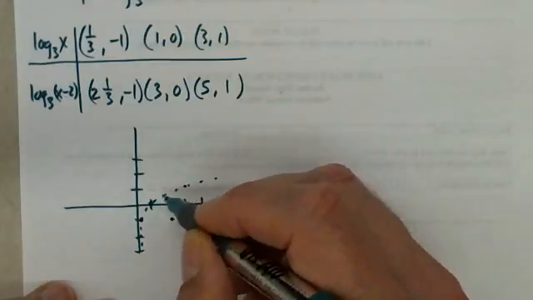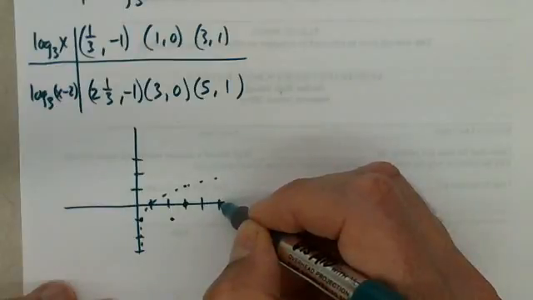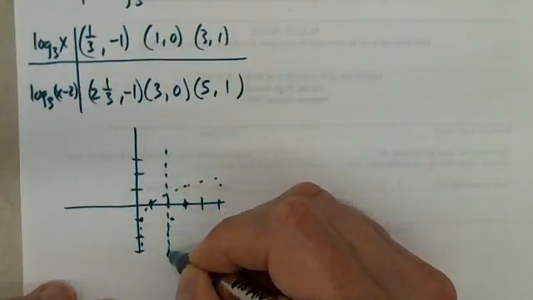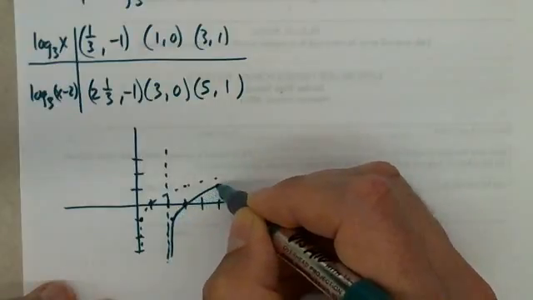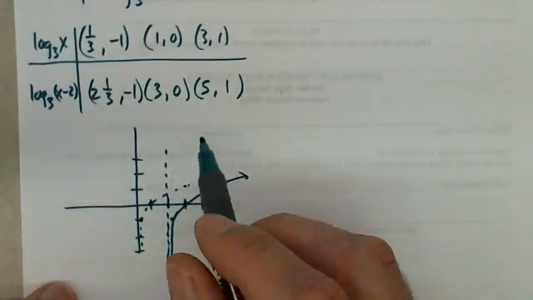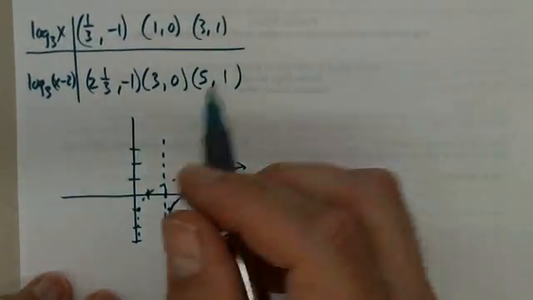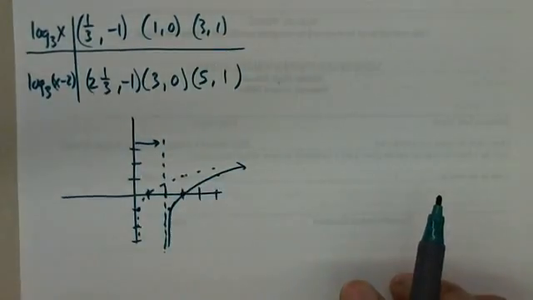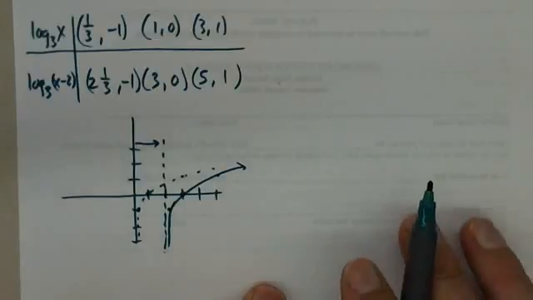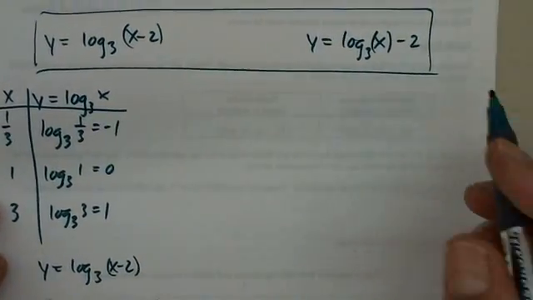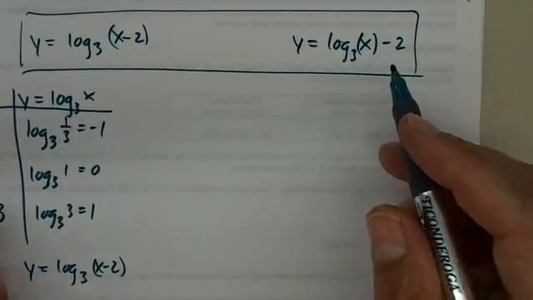And then we'll go to 5, 1, 2, 3, 4, 5, up 1. The asymptote will help us graph. And we saw that we had a shift to the right. So we see the asymptote shifting to the right. All right, and pause and try this one.